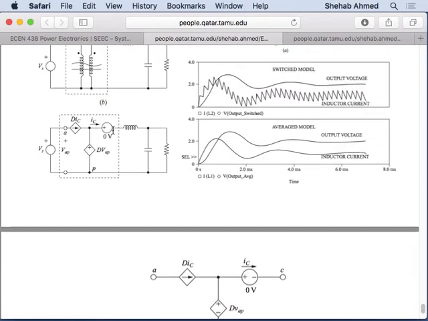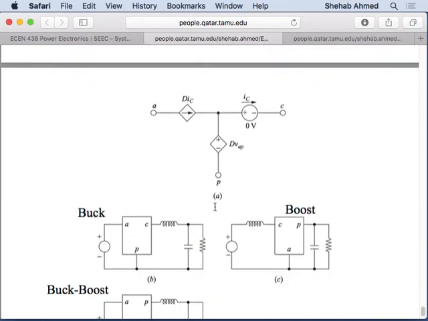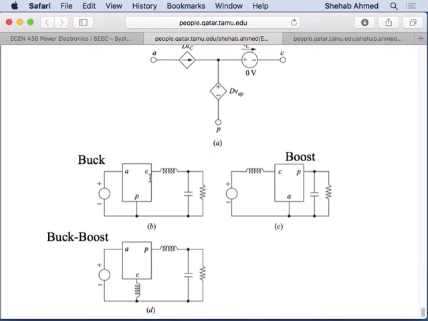This is IC, this is the inductor current. C is the inductor current for the buck converter, and C is here for the boost converter. And these two are the terminals across which you see the full voltage, whose average value is represented by this voltage source.